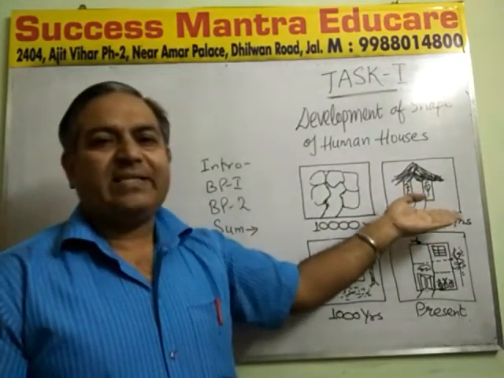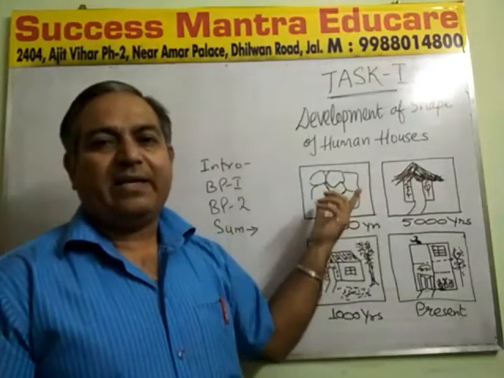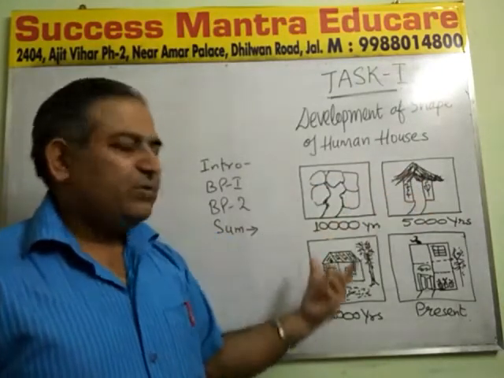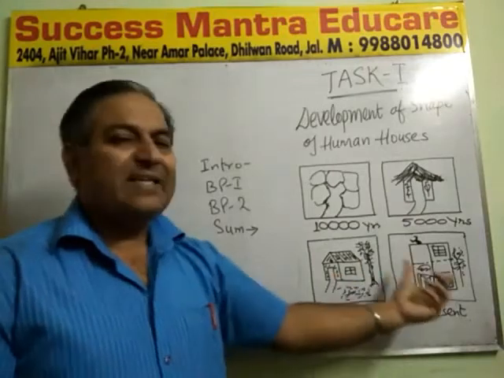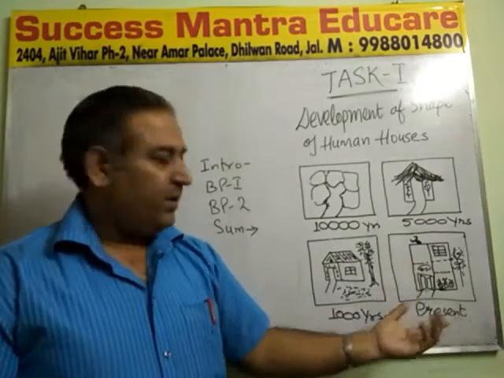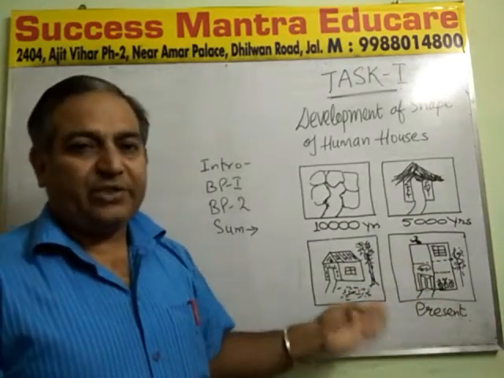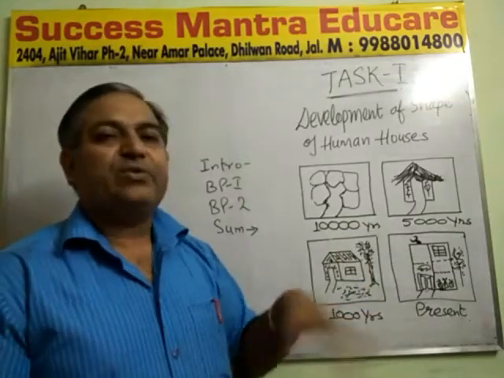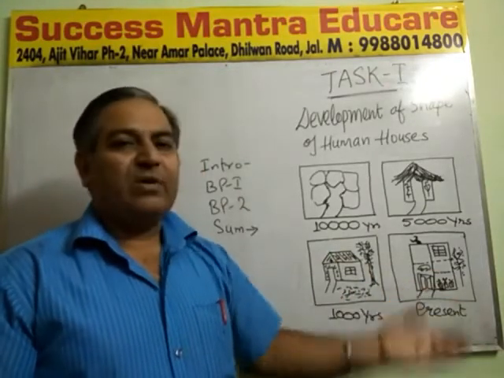So we can compare the data in BP1, and in BP2, the other two figures can be explained, that is, how the houses have been reshaped and rebuilt, how things improved, and lastly the modern house.